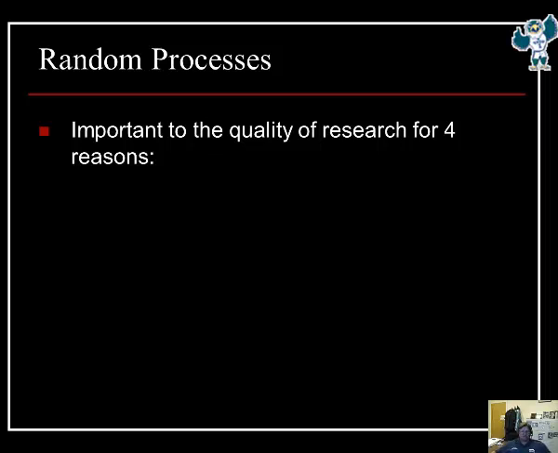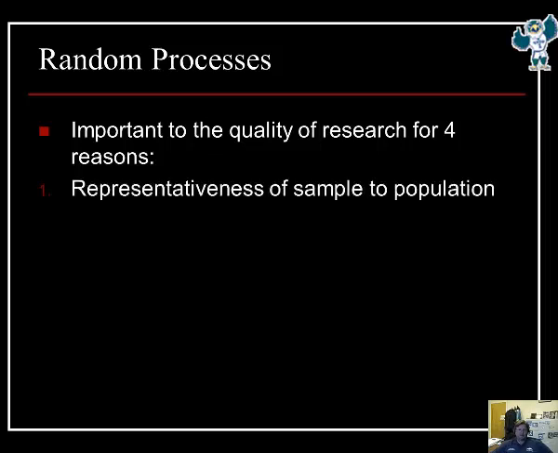So random processes in terms of sampling are important to the quality of research for 4 main reasons. It ensures, or usually ensures, the representativeness of the sample to the population.